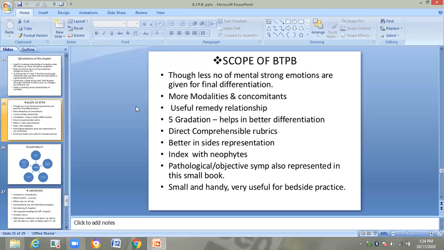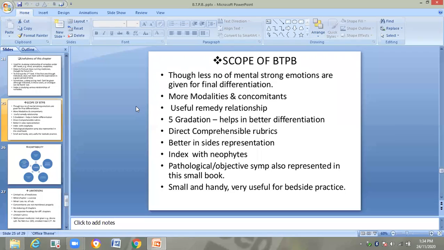Then under the sensation and modalities chapter, we found several useful rubrics related to various parts as well as the whole person. This unique arrangement is only found in the Therapeutic Pocket Book.